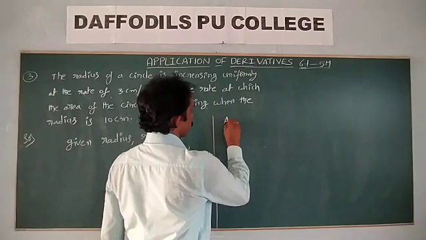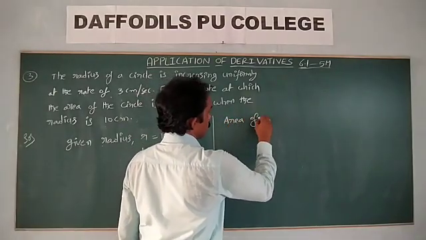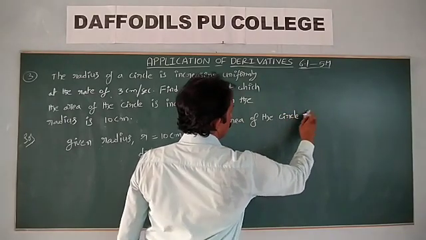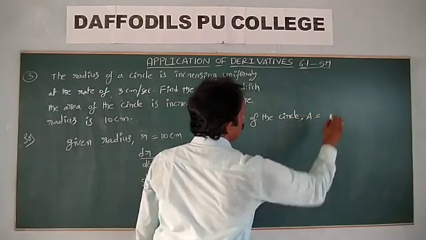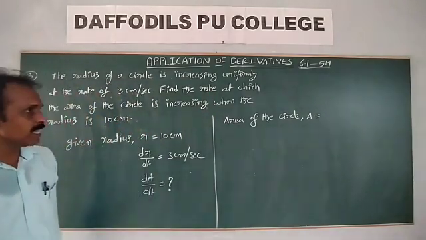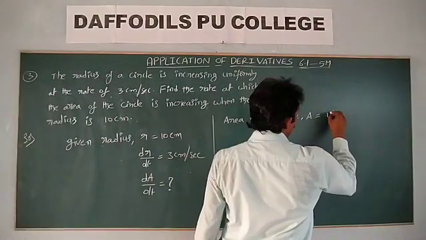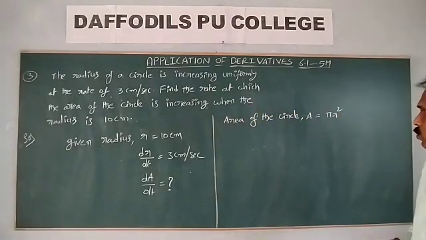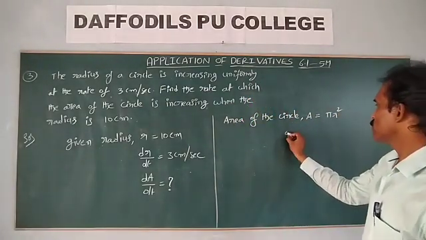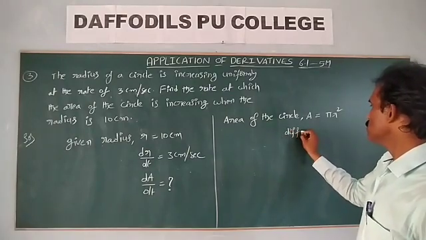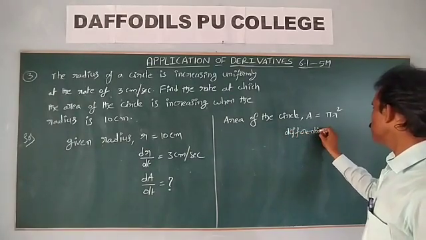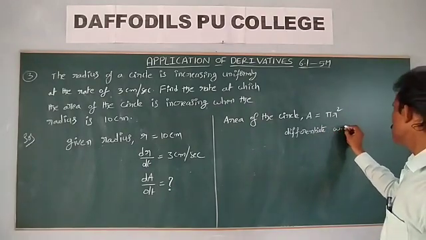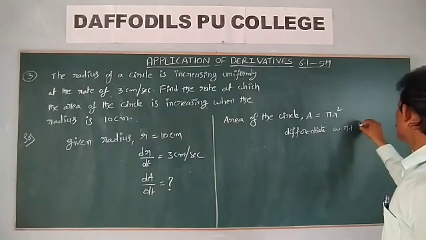Area of the circle A is equal to pi r square. Differentiate, so use the derivative, that means differentiate with respect to time.